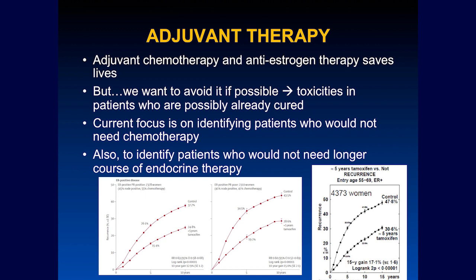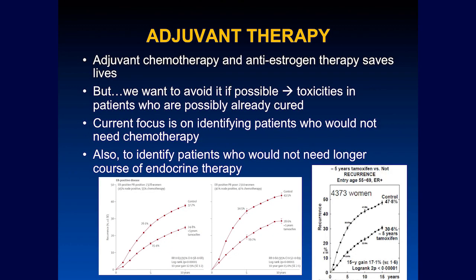As you can see in the bottom part of the red curve, that's when patients got the chemo, and the upper part of the curve is when patients did not get the chemo. So you see how patients are, the disparity between these two, suggestive of the number of women you're curing from cancer coming back. So delivering chemotherapy, and in this case delivering tamoxifen to these women, we know saves life. But at the same time, we want to avoid toxicity of the treatment.